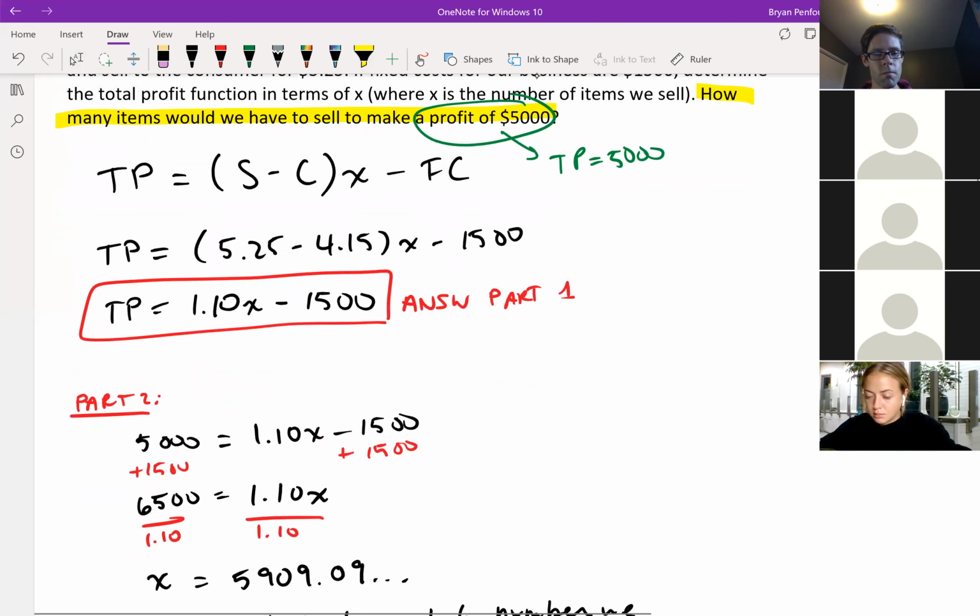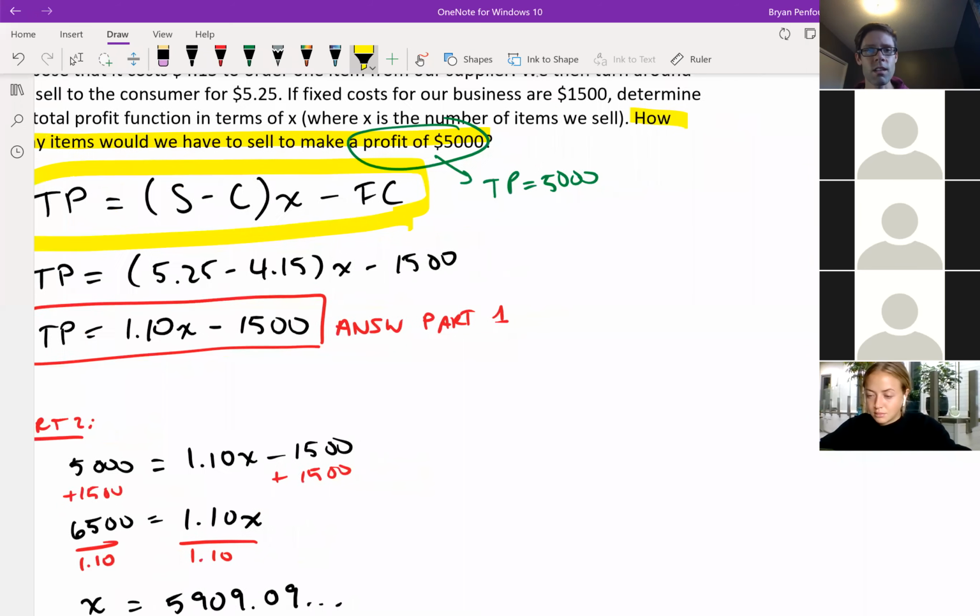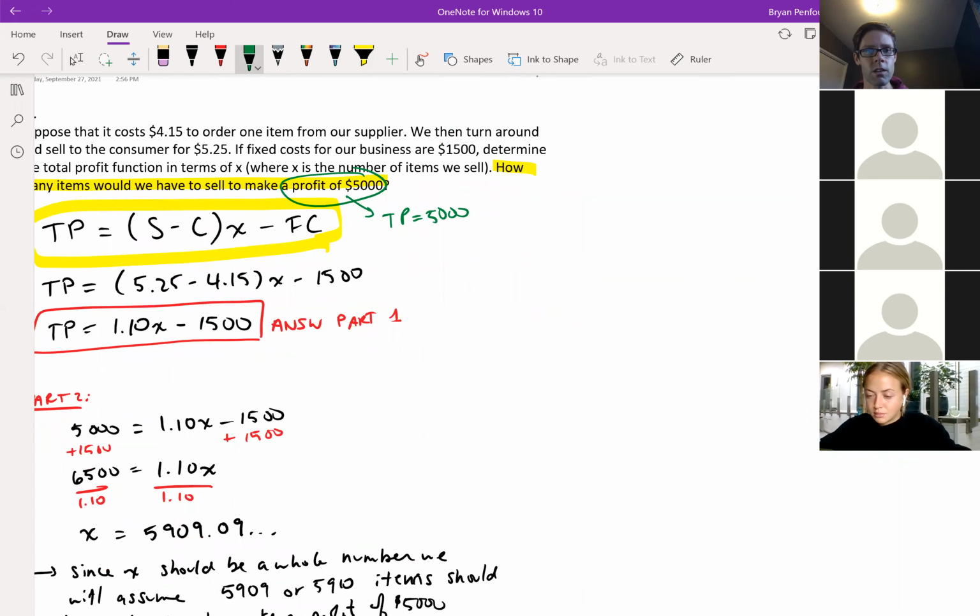Yeah, sure. I think it comes down to looking at our total profit function. TP, our total profits, is in dollars, and our fixed costs are in dollars. S and C are given in dollars per item. This is me getting super technical, but S minus C is in dollars per item, and X is in items.